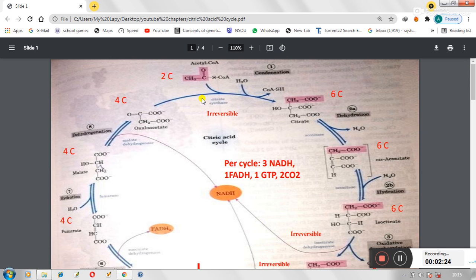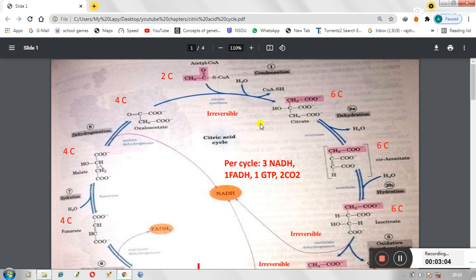Let's start the first stage. The first step is an irreversible reaction, and remember that the total reaction occurs inside the mitochondrial matrix, not in the cytoplasm. Actually, the glycolysis reaction: when we eat glucose, it enters the cell cytoplasm, and inside the cytoplasm, glucose is converted into pyruvic acid in a pathway called glycolysis.